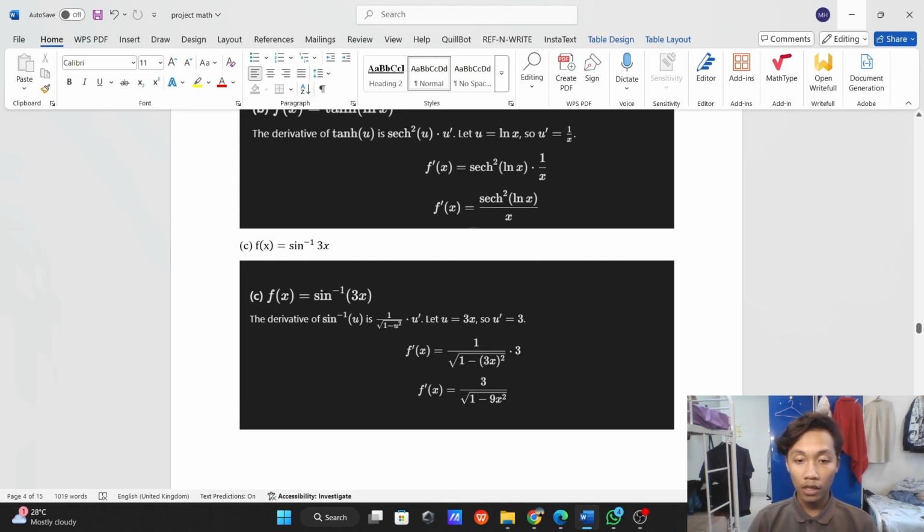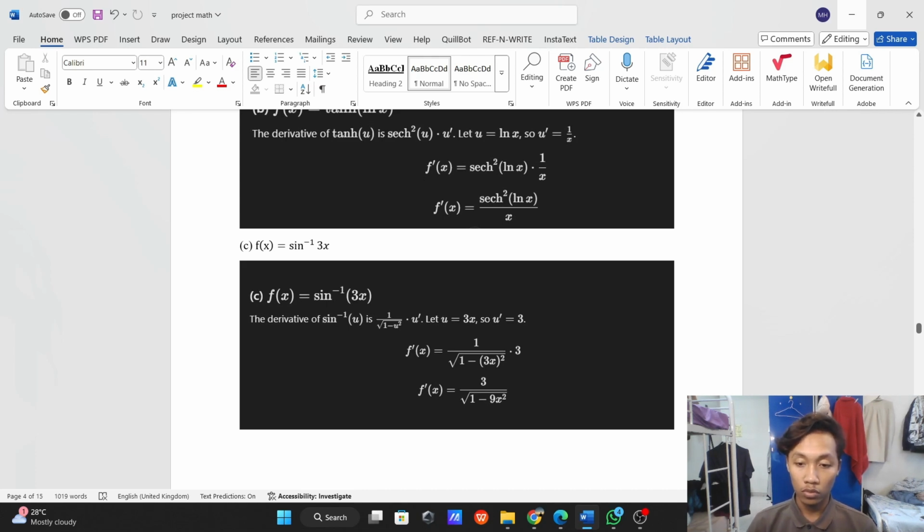F prime x equals 1 over the square root of 1 minus (3x) squared, times 3. So the answer is 3 over the square root of 1 minus 9x squared.